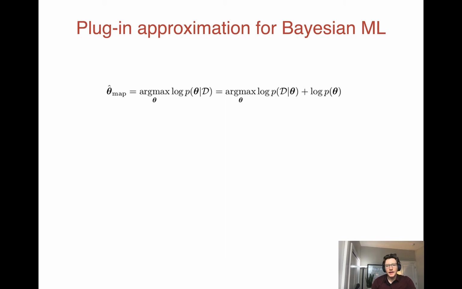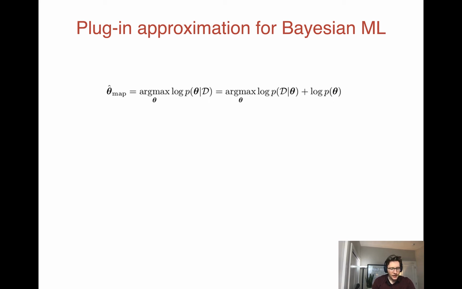And just to break that down a bit, we can break that into two terms. The two terms we saw at the top: the likelihood term, probability of observed data given theta, plus, because of the logs, on the last slide it was multiplied by the prior probability of theta.